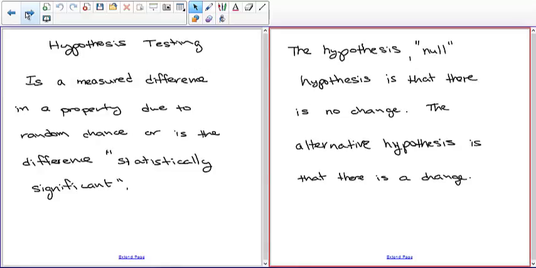When they do hypothesis testing, the hypothesis that they compare against is called the null hypothesis. You always assume that doing something causes no change. So there's the null hypothesis, which says there's no change, and then there's the alternative hypothesis, which says there is a change.